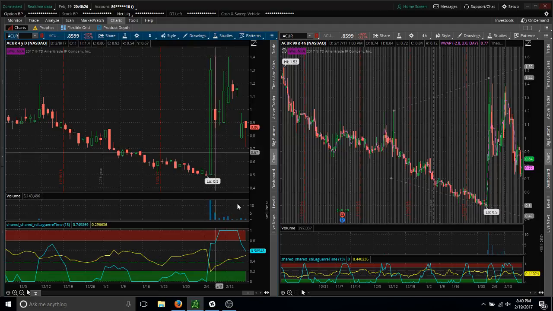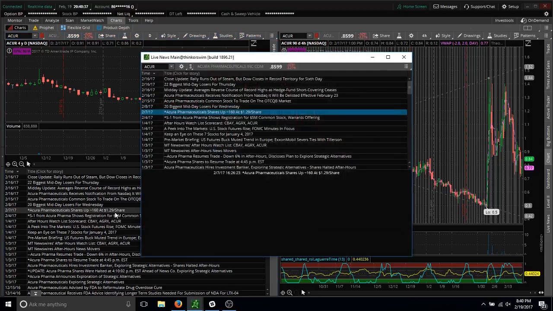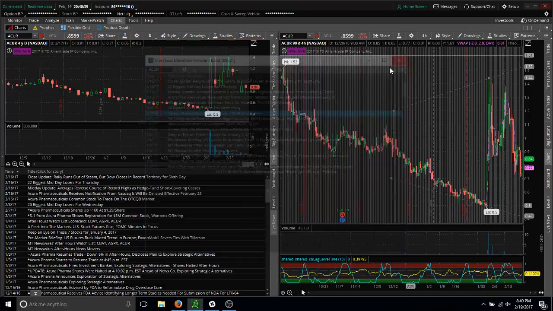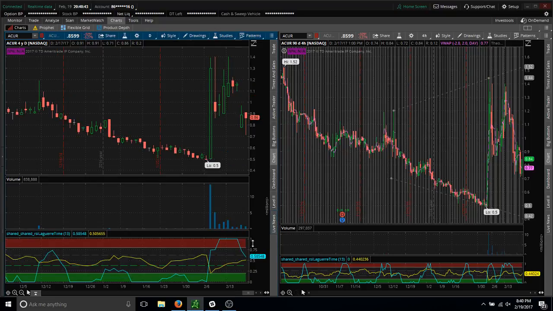I'm not sure why this thing, if it just spiked for no reason. What? 2.7. So yeah, it must have just ran that day. So yeah, that one I expect to come down farther.